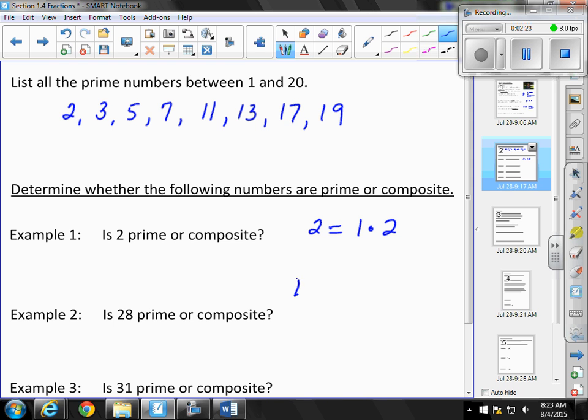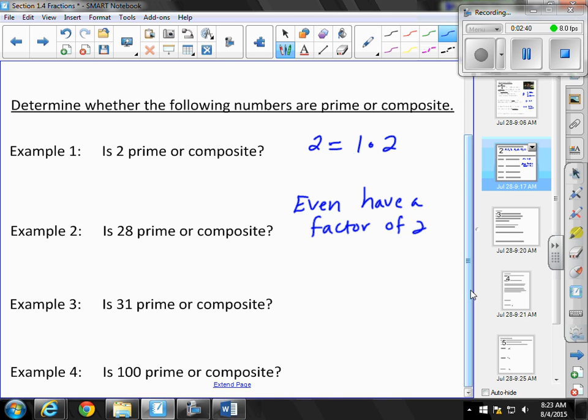28. If you think all even numbers, 2, 4, 6, 8, 10, 12, etc., all even numbers have a factor of 2. So I know 28 is even. 28 can be written as 1 times 28 or 2 times, and in this case I know it's 14.